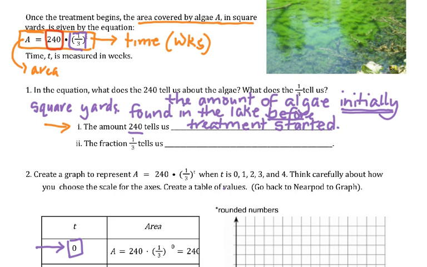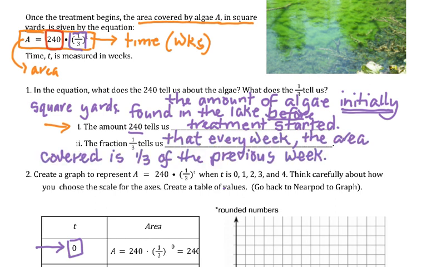Now it says, what does the fraction 1/3 tell us? Well, it tells us that it is a fraction of the area that was covered in the previous week. Let me write that down and see if I can explain this completely for you.